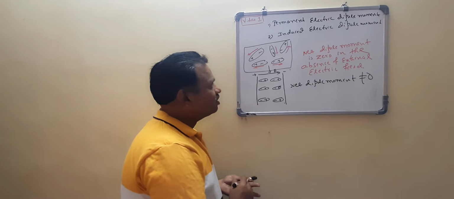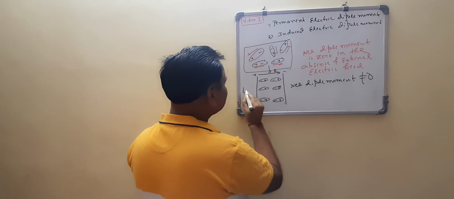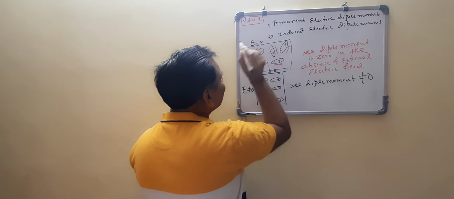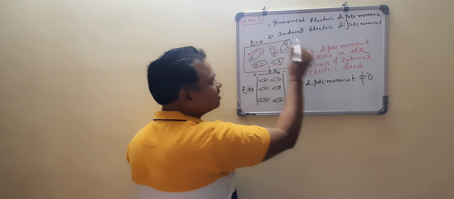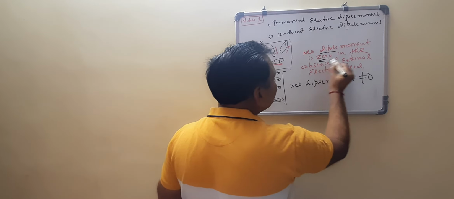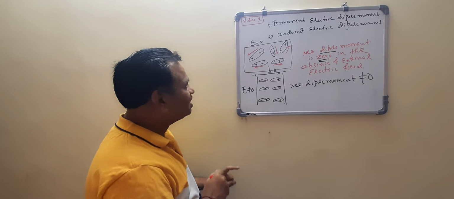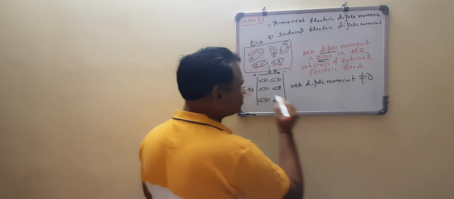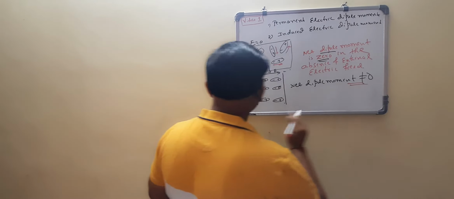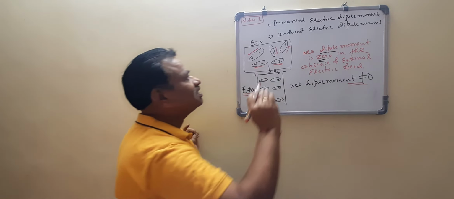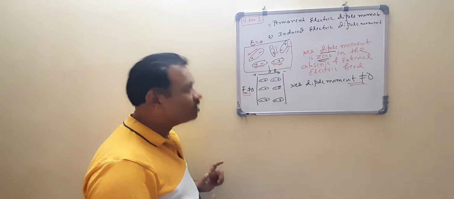What is the difference? In this case, E is not equal to 0, and in this case, E equals 0. When the external field is 0, the net dipole moment equals 0. But here the external field is not equal to 0, so the net dipole moment is also not equal to 0.